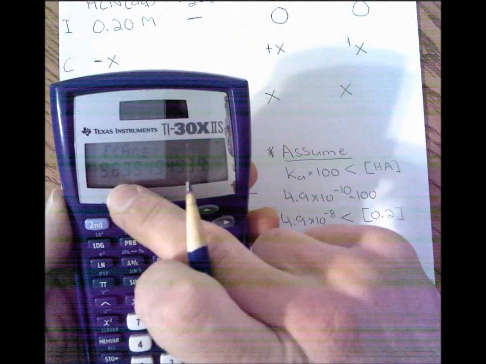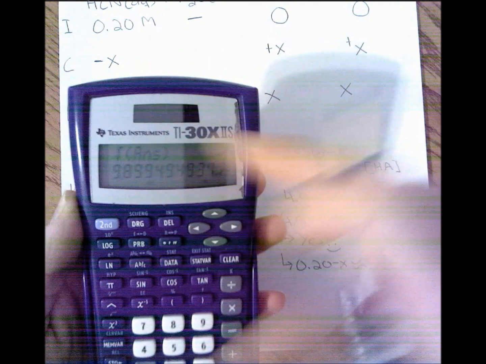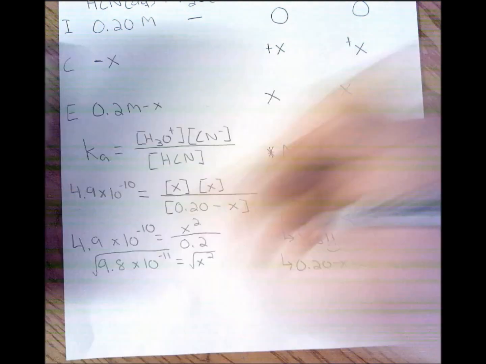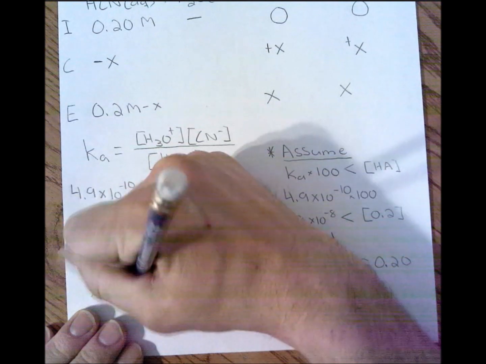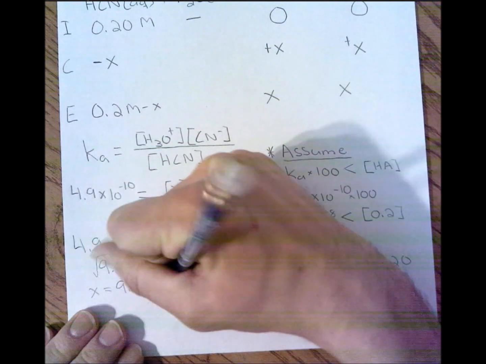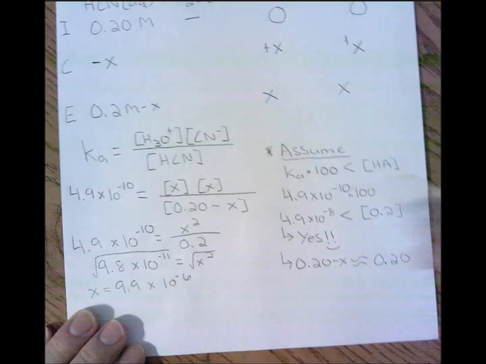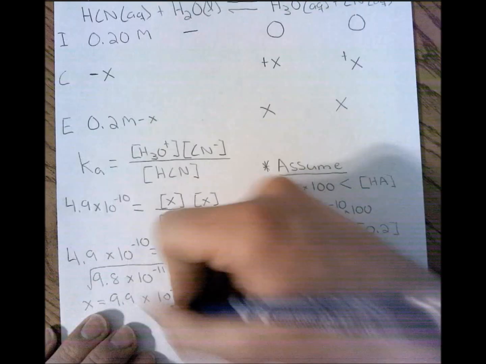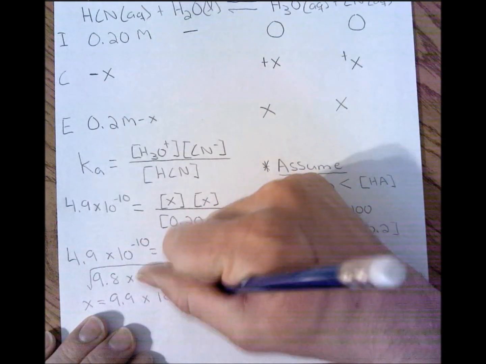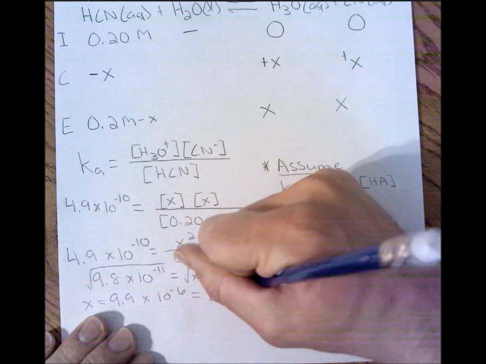Now, if you remember back here, we want to calculate the pH. Well, x right here is equal to the concentration of H3O plus. So we can plug this 9.9 times 10 to the negative 6 back into our pH formula.